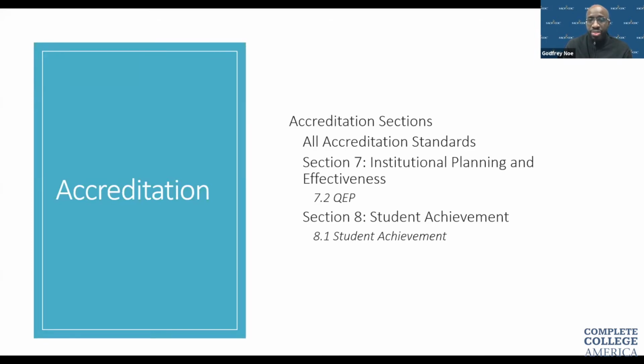One of the standards that the PDP is especially helpful on is 7.2, the QEP, because as you know, standard 7.2 asks institutions in the Southern region to choose a QEP topic based on evidence and data, and that it must focus on student learning outcomes or student success.